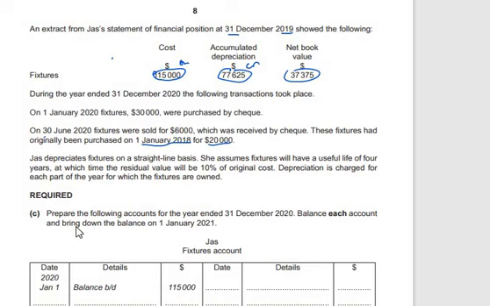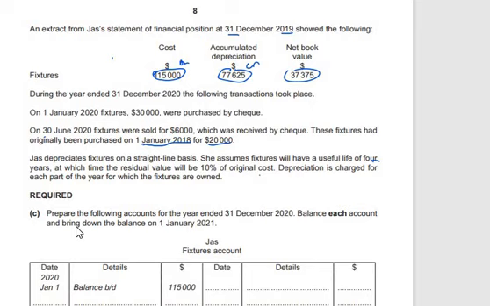Now, depreciate fixtures on a straight line basis. She assumes that fixtures will have a useful life of 4 years, at which time the residual value will be 10% of original cost, which simply means that to calculate the depreciation for the year, you take the cost minus 10% of the cost, divided by 4, right? Then depreciation is charged for each part of the year for which the fixtures are owned.